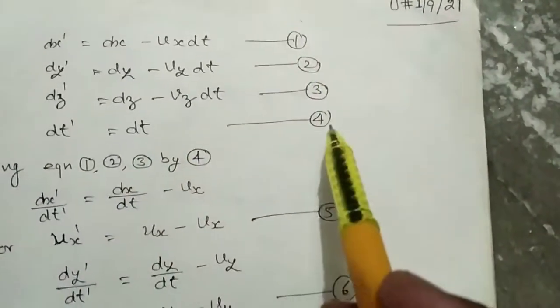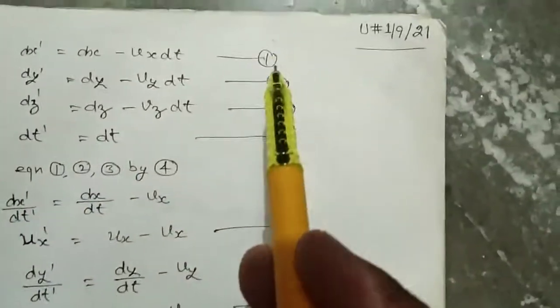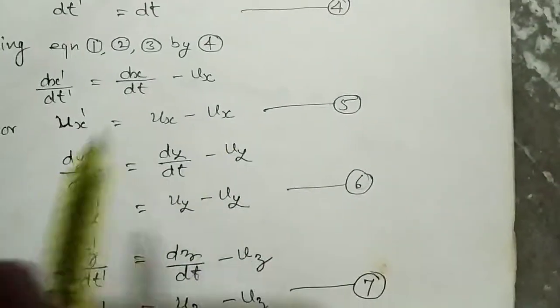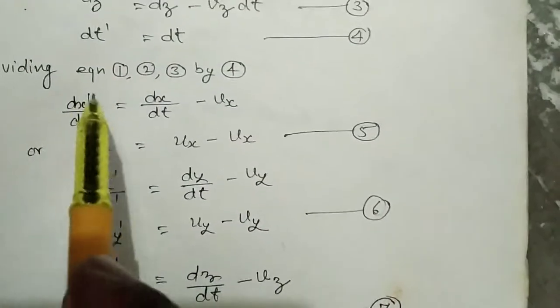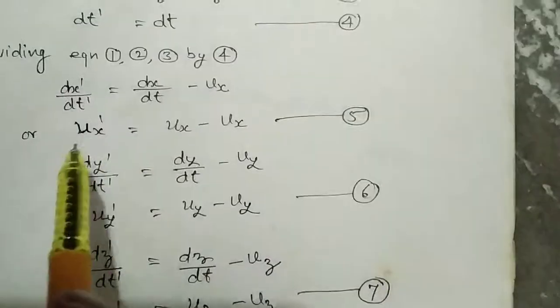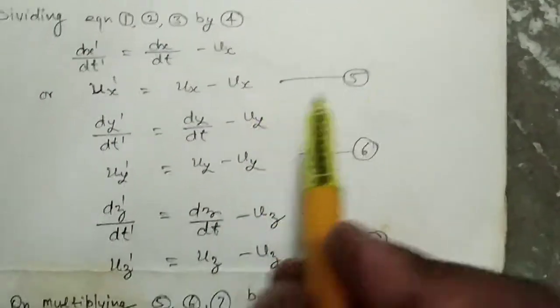These are equations number 1, 2, 3, 4. On dividing equations number 1, 2, 3 by 4 respectively, we get dx dash upon dt dash is equal to dx upon dt minus vx, or ux dash is equal to ux minus vx. This is equation number 5.